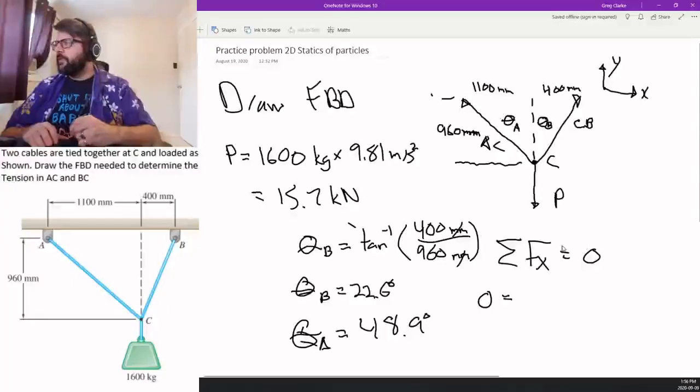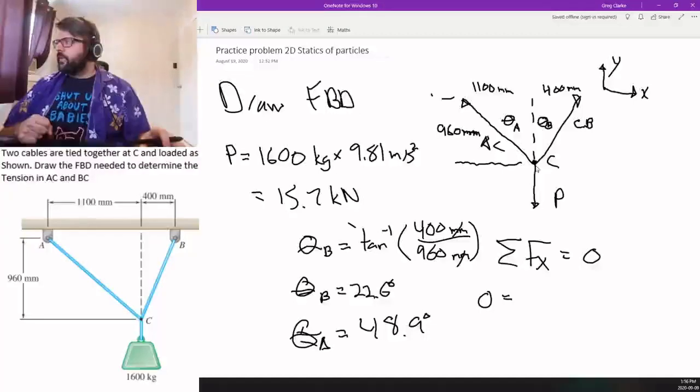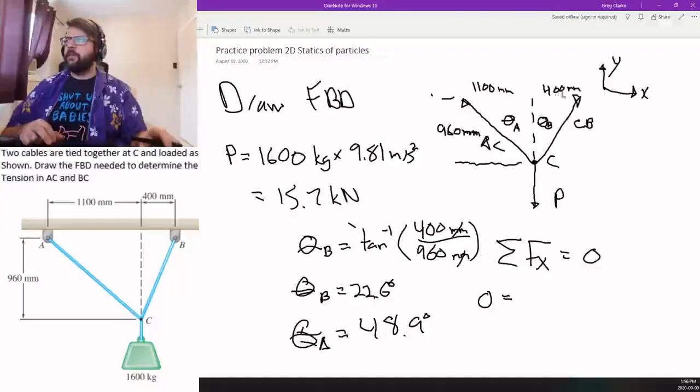So therefore 0 is equal to, we know that the horizontal component of P is 0 because that's gravity, it doesn't act horizontally. So we've got just the horizontal component of this force CB here, which is going to be the CB times the sine of this angle.